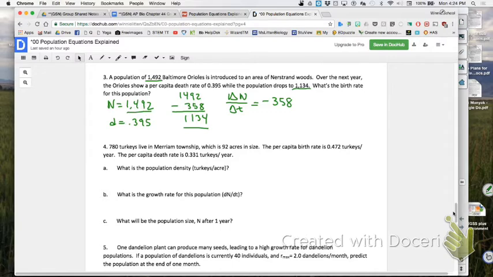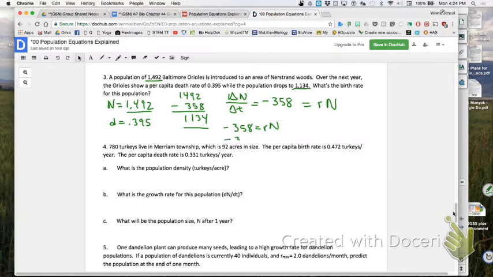Okay, so hopefully you see that's how much the population changed from, let's say, year 1 to year 2, a difference of 358. So now what it's asking is, what's the birth rate for this population? So you know that delta N over delta T is going to equal R times N. So now we know minus 358 is going to equal R times N. Well, what do we know? We know that the population N was 1,492, right?